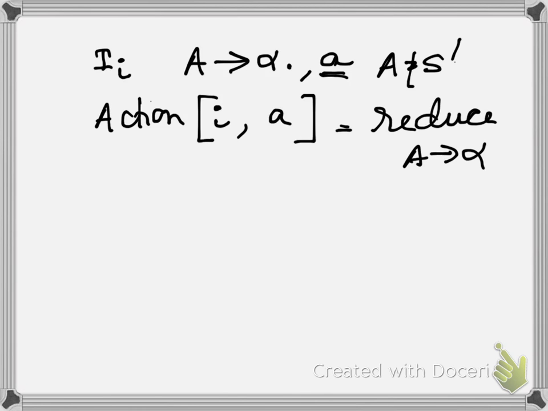So if you can recall, in the LR0 parsing table, for every final item, we filled up all the columns with the reduce move.